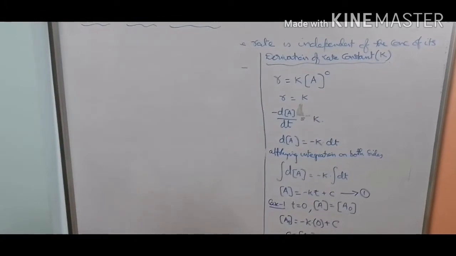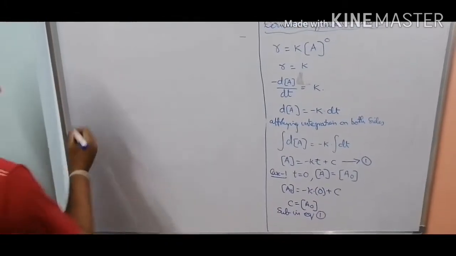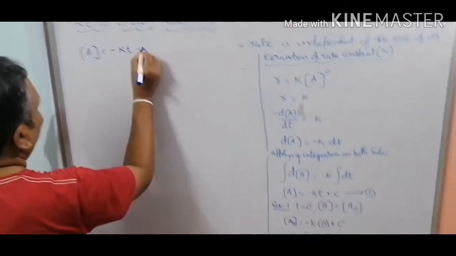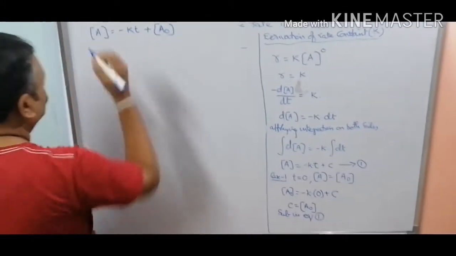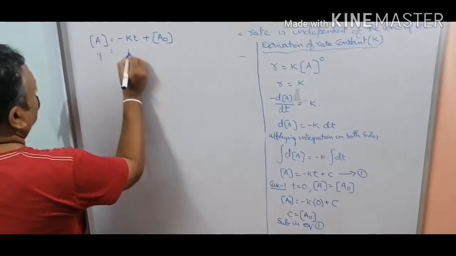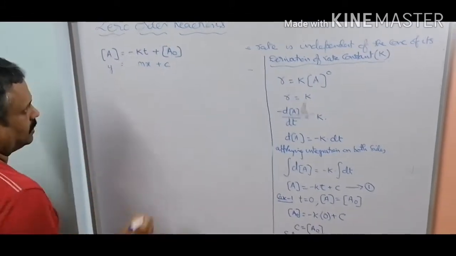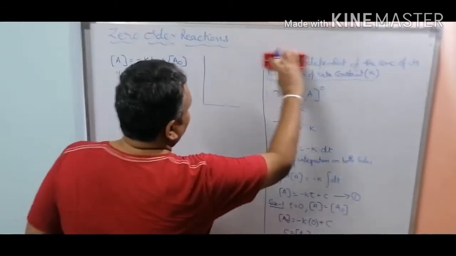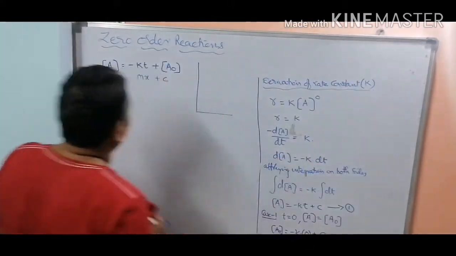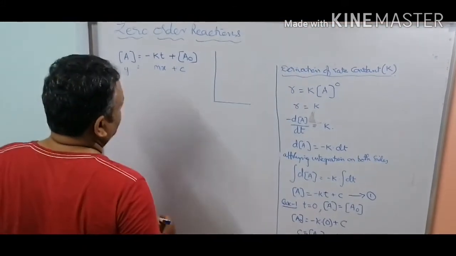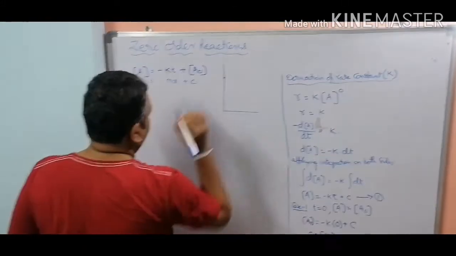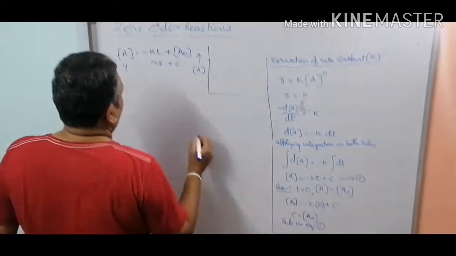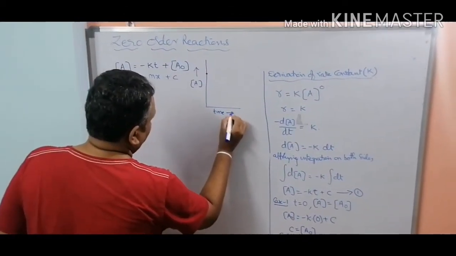If you substitute the condition C equal to [A] naught in equation 1, it becomes [A] is equal to minus kt plus [A] naught. Now you can observe this equation is also in the form of y is equal to mx plus c, for which you can give a graphical representation. The y-axis term is the concentration of the reactant, and the x-axis term is the time of the reaction.